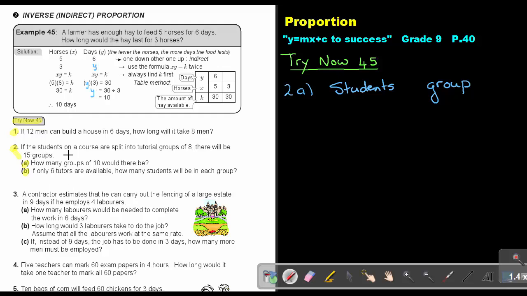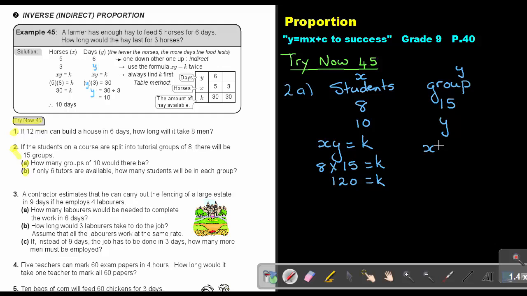So, okay, let's start. There are 8 students, and it's forming 15 groups. Let's make it X and Y again. Then, how many groups of 10? So now 10, and then it's Y. So use the formula XY equals K. I don't cross multiply, I multiply like this. I'm going to say 8 times 15 is giving me the amount of students. So that will be 120 students.